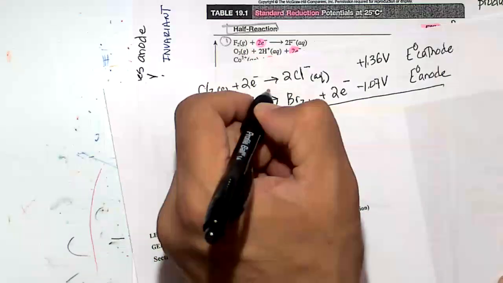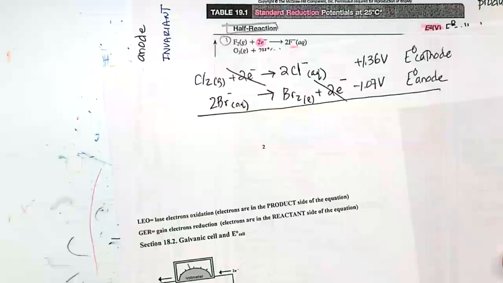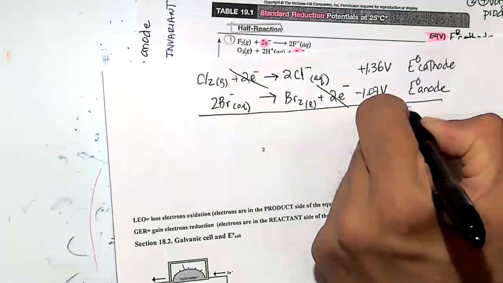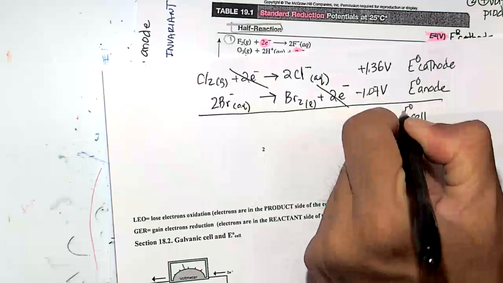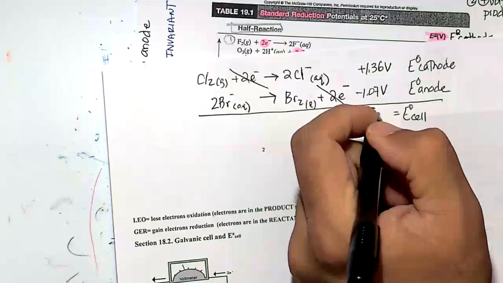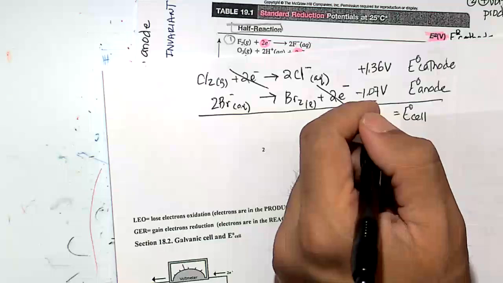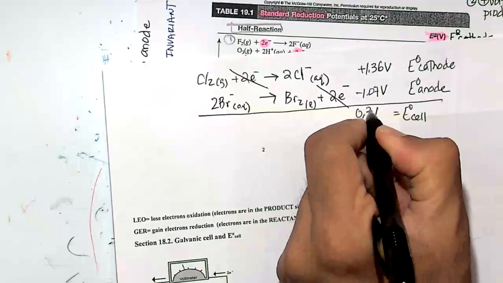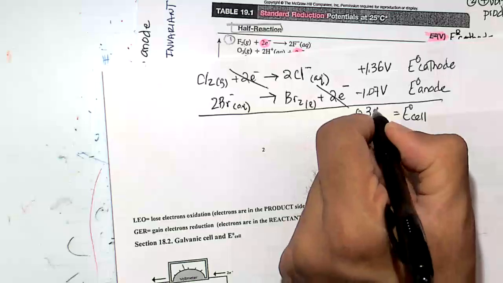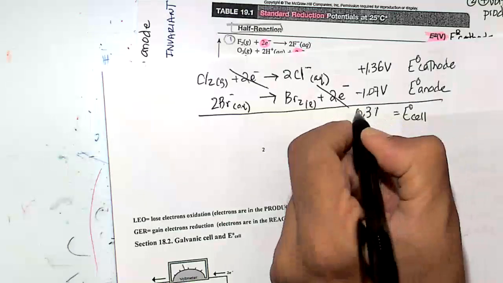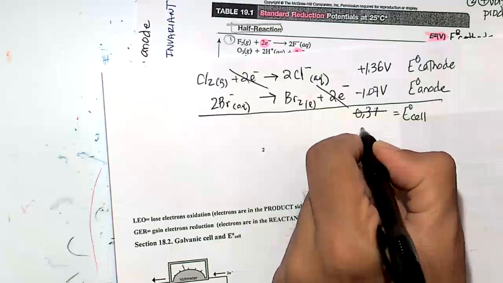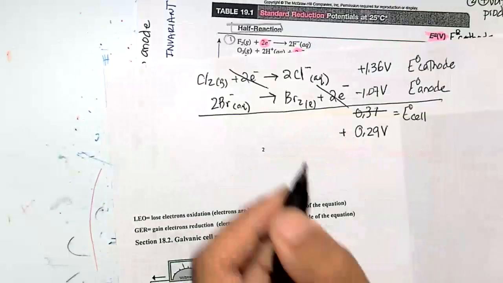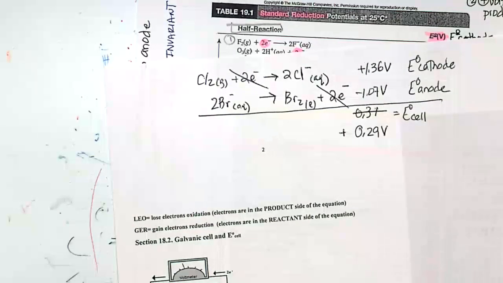In this specific example, the two e minuses cancel. E cathode plus E anode is E cell, electrochemical cell. And this is equal to, what's 1.36 minus 1.07? It will be positive 0.29 volts.